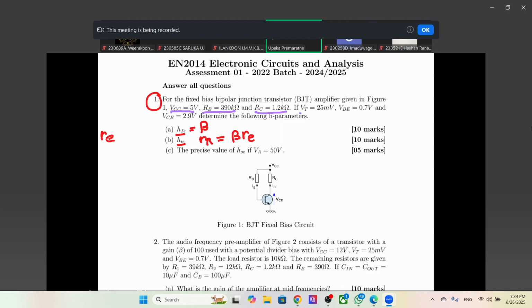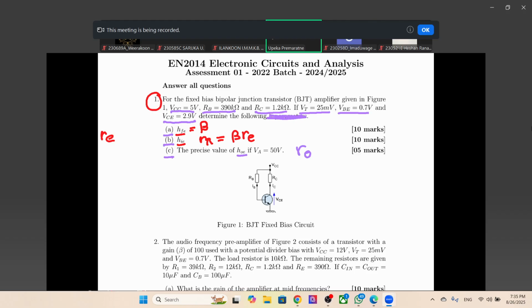If VT is 25 millivolts, VBE is 0.7, and VCE is 2.9 volts, we're supposed to calculate: A, beta; B, R pi, or in other words, beta times RE; and C, the precise value of HOE.